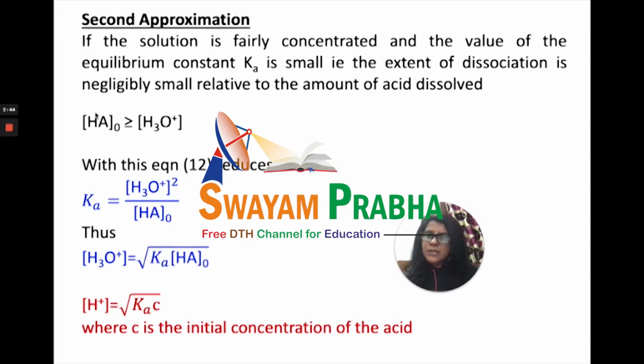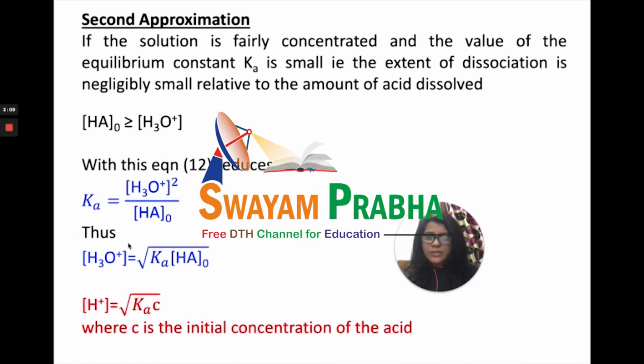That means the initial concentration of the acid is very high as compared to H3O plus. Therefore, our expression becomes Ka is equal to H3O plus square divided by HA naught.